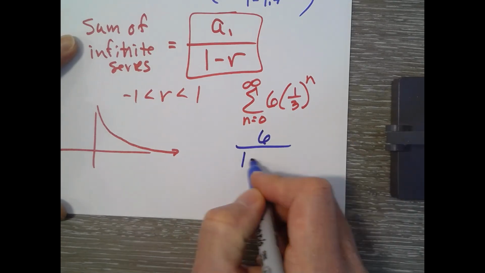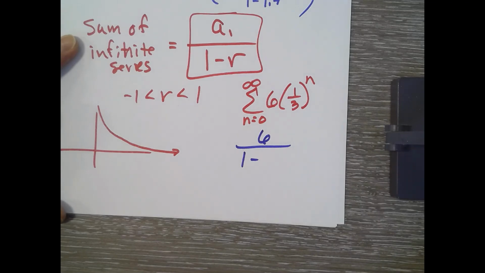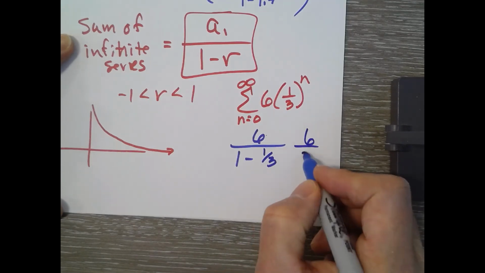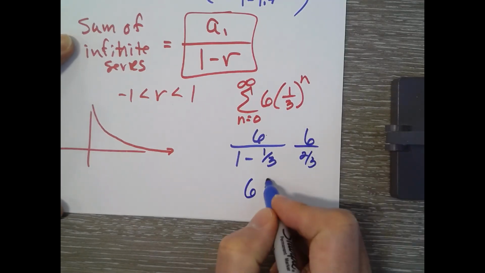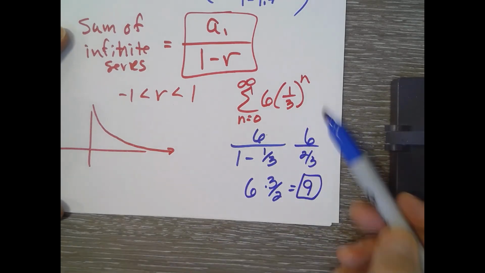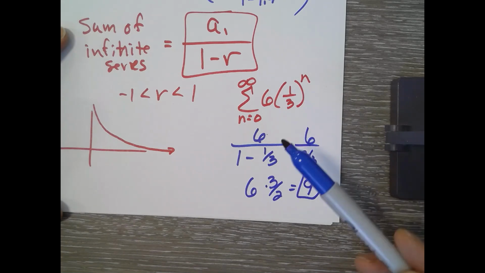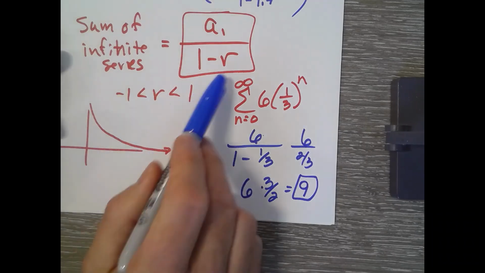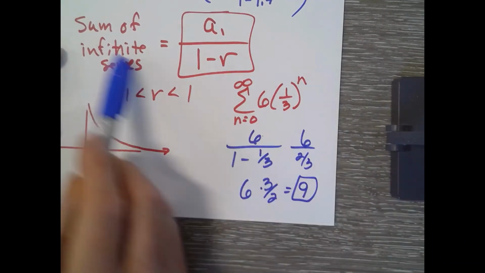What's my r? 1/3. So 6 divided by 2/3 is 6 times 3/2, which is 9. If we add up every single one of those terms to infinity, you will get 9. And that only works if r is between -1 and 1 for an infinite series.